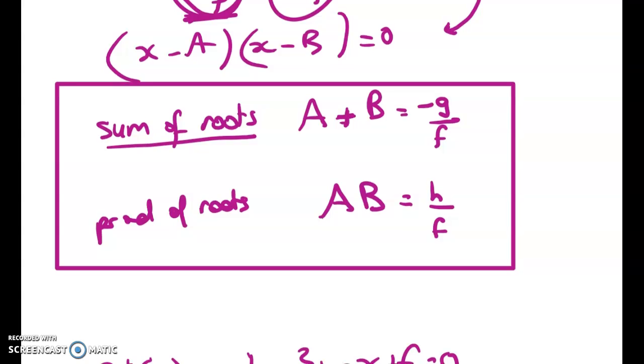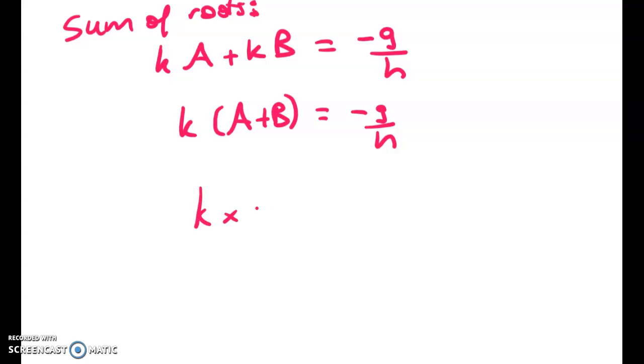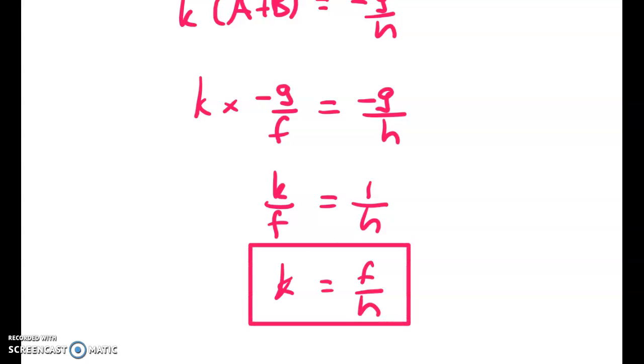But let's go back to here, and we know that a plus b is negative g over f. So we've got k times negative g over f is equal to negative g over h. Right, we can multiply both sides through by negative 1, and we can divide both sides through by g. So that leaves me with k over f is equal to 1 over h. k is equal to f over h, and that's it.